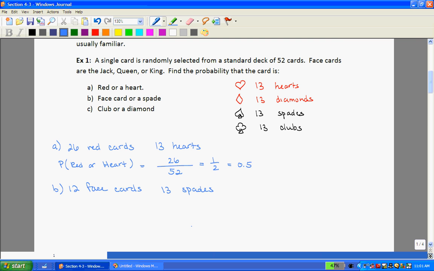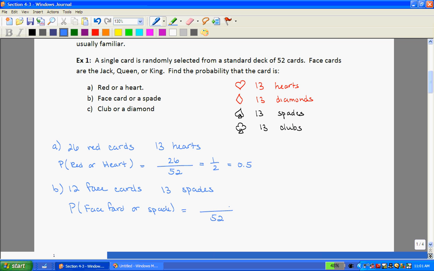But again, we want to ask ourselves, have the spades already been counted in the face cards? So let's write down our probability. Probability of a face card or a spade. Again, we know the bottom is 52, because there's 52 possible cards we could have chosen.